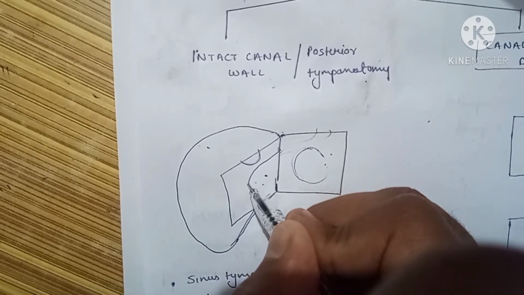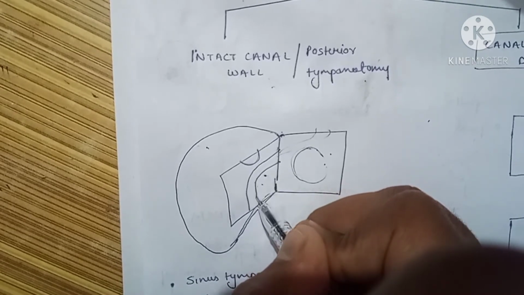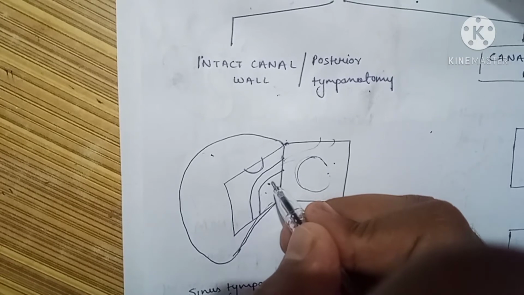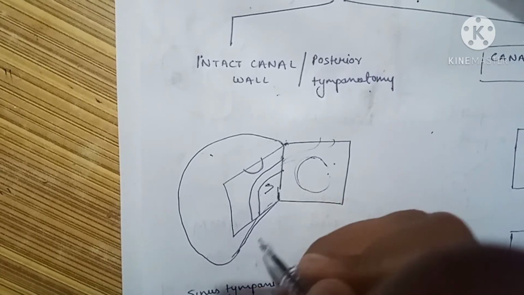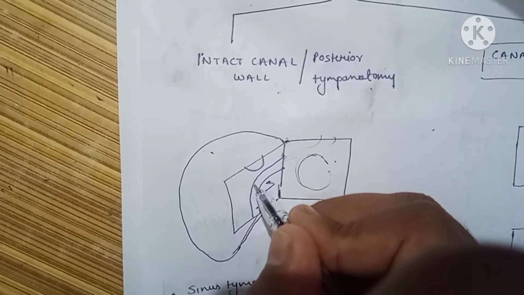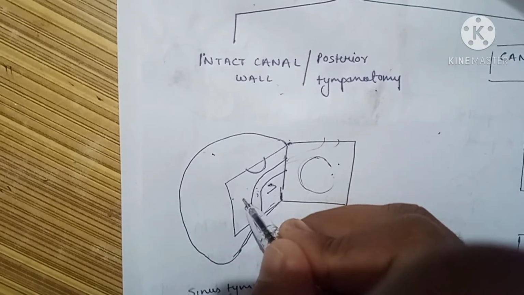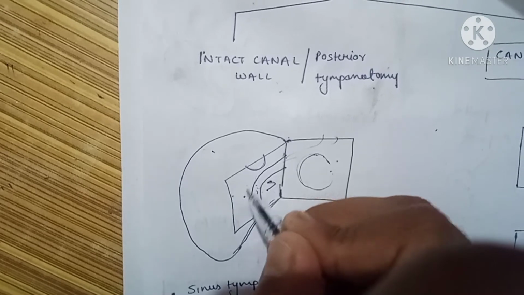This is the vertical part of the facial nerve that runs down through the posterior wall, also known as the mastoid segment. The part medial to it is known as the sinus tympani, and here is the pyramid and the infrapyramidal recess. The area lateral to our facial nerve is what is known as the facial recess.